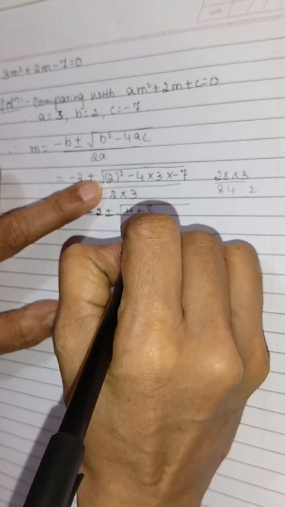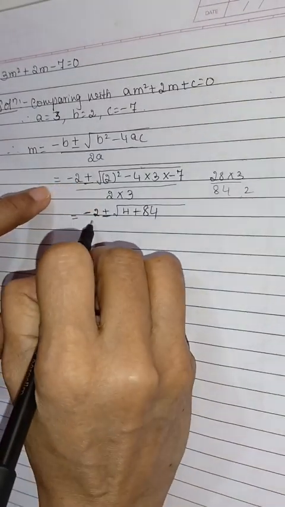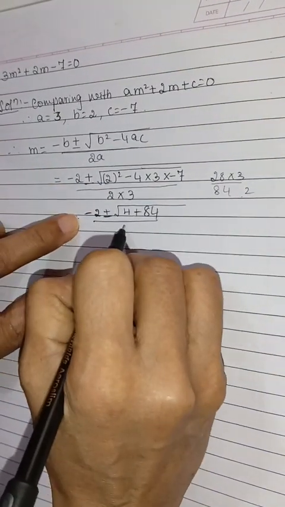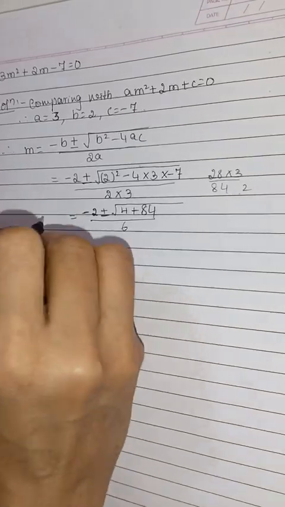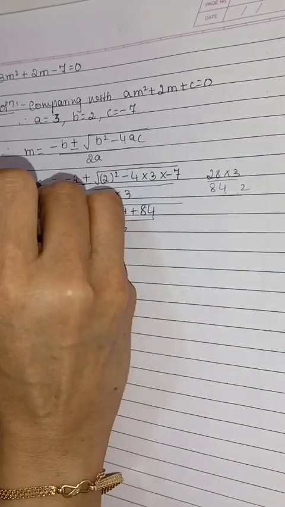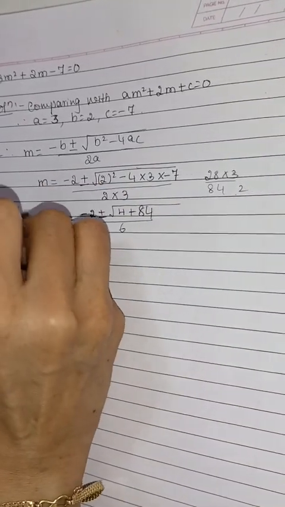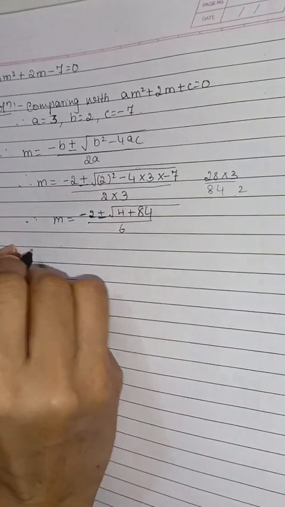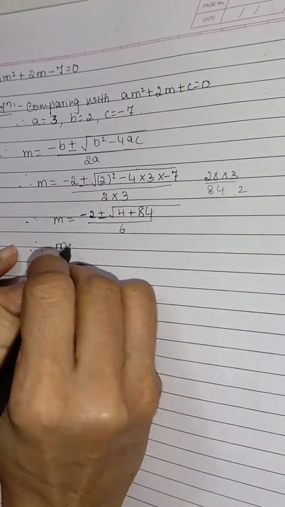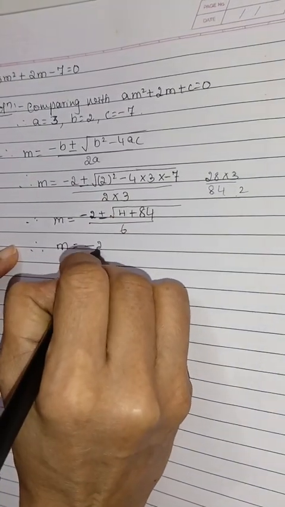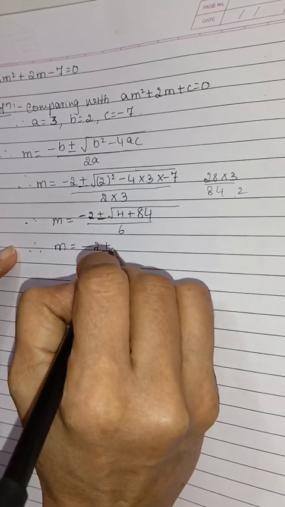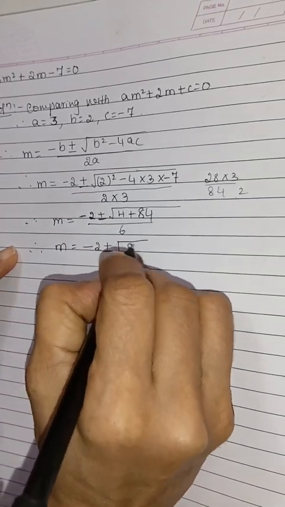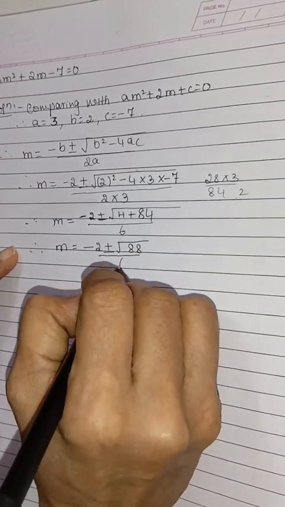So this is 84 divided by 3 2s are 6. This is m. Okay, m. Therefore m is minus 2 plus or minus, this is become 88 divided by 6.